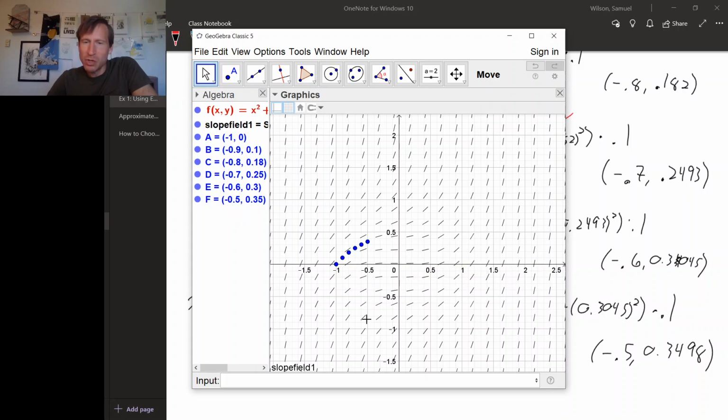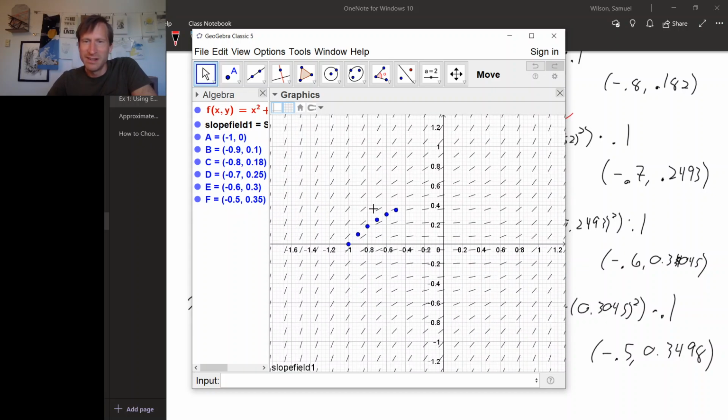And remember, what we're looking for is at every little line element, at every tick mark that these points touch, the solution should be tangent to those tick marks. It's a little hard to tell as it stands right now because we're zoomed so far out. There just aren't very many tick marks.